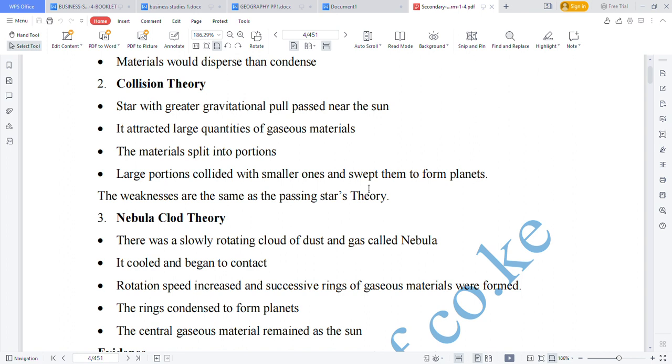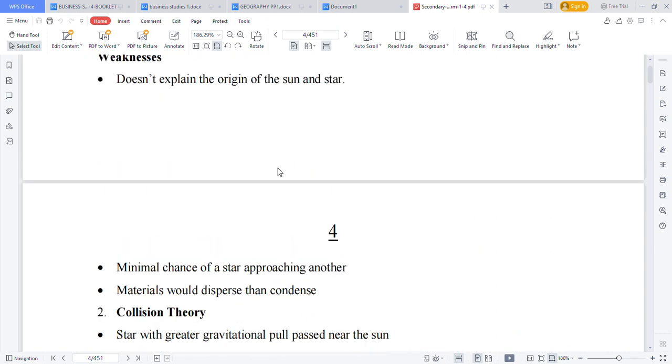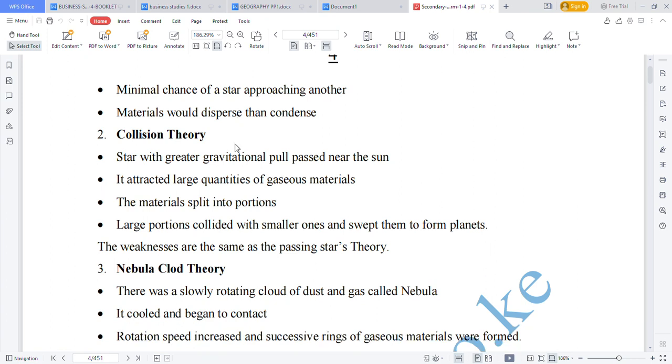So that is the collision theory. The weaknesses we have for passing star theory are the same weaknesses we have for collision theory.